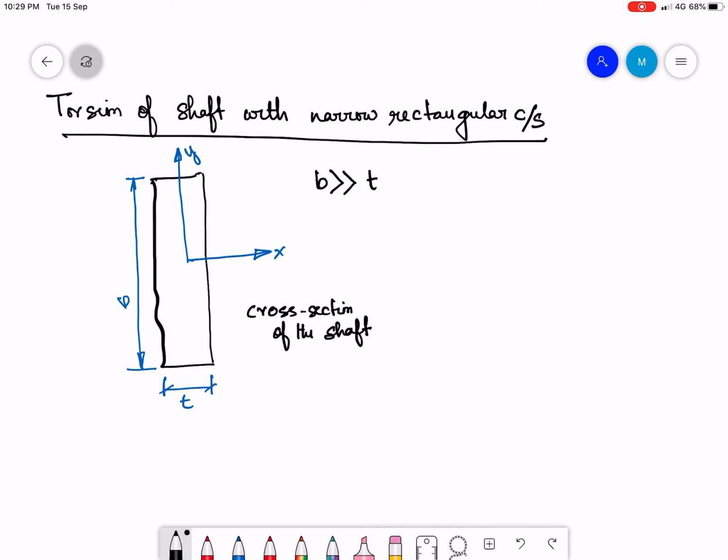Let me try to draw the deflected shape. The deflected shape in the YZ plane is going to be of this form.